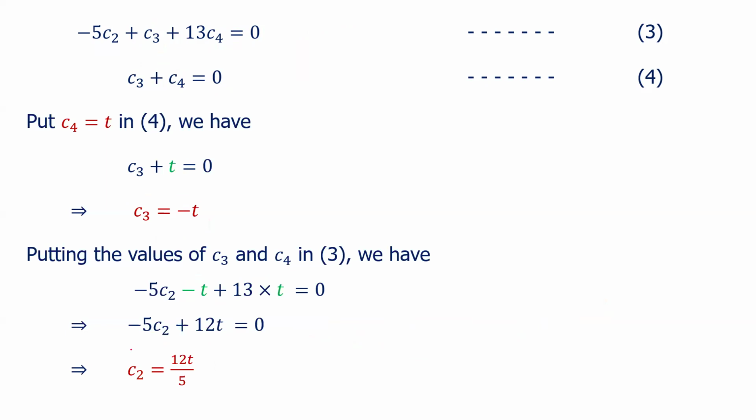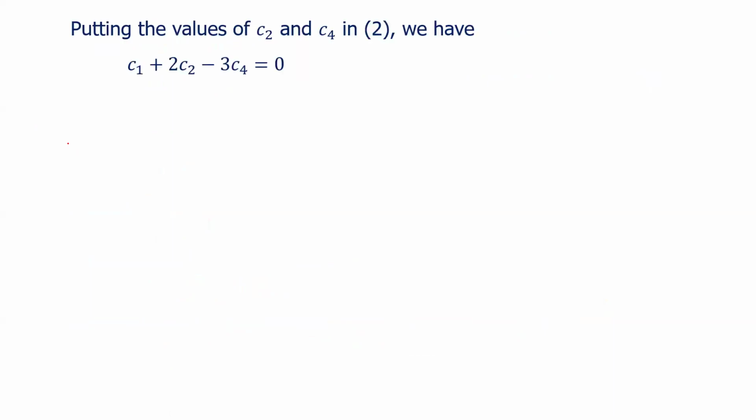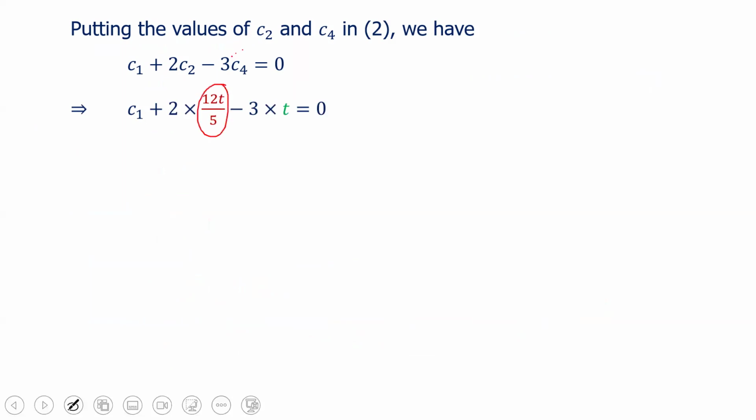Now we substitute the values of C2, C3, and C4 in equation number 2. Equation number 2 is C1 plus 2C2 minus 3C4. If we put C2 as 12T by 5 and C4 equal to T, then C1 plus 2 into 12T upon 5 minus 3 into T. Multiply the whole equation by 5.